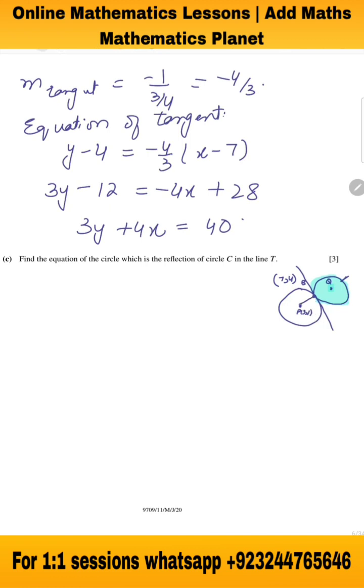So this is PB. Measurement of PB is equal to measurement of BQ.